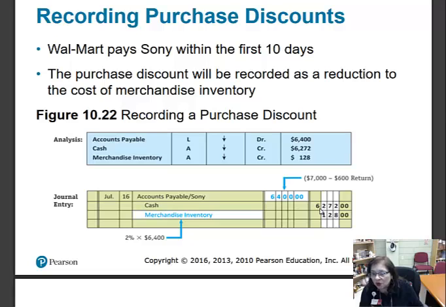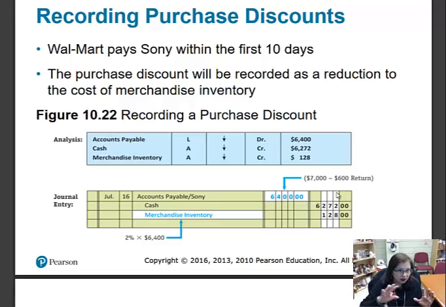We now owe them only the $6,272. So the amount that we're going to end up bringing back out is to show also that we paid them out in cash, and that we are crediting the amount of money that we're going to get as far as a discount, okay? on merchandising inventory.